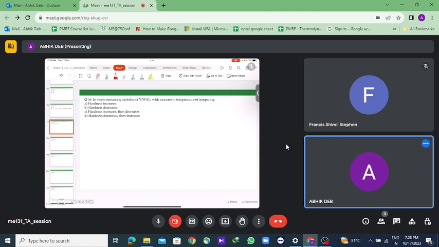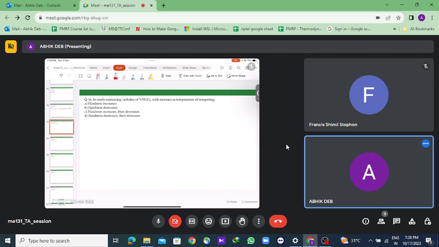But at the same time, at the higher temperature, if these compounds of vanadium, tungsten, chromium or molybdenum form carbides again, they will occupy those spaces and the hardness will increase once again after a certain temperature.